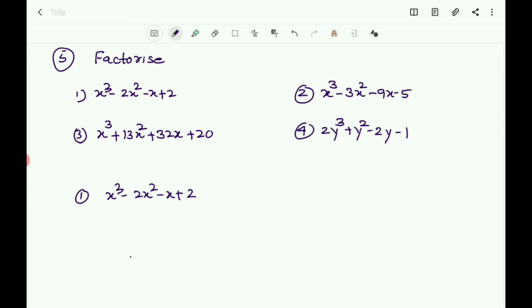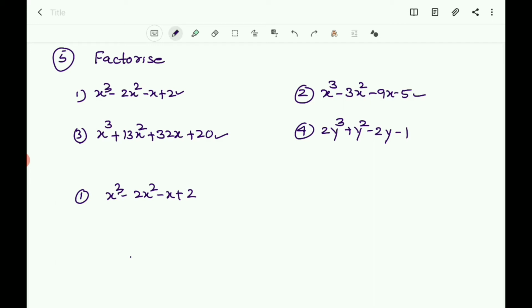Now in all the cases you observe the constant here. Here 2 is the constant, here minus 5 is the constant, here 20 is the constant, here minus 1 is the constant, and with the help of that constant you can find the factors by the trial and error method using the factor theorem.